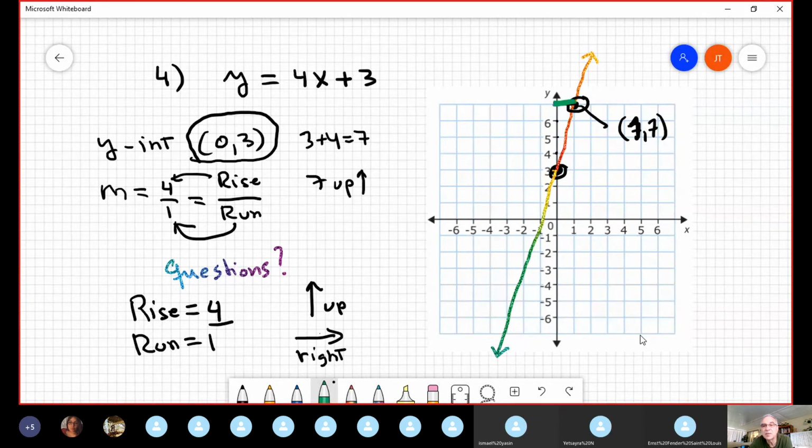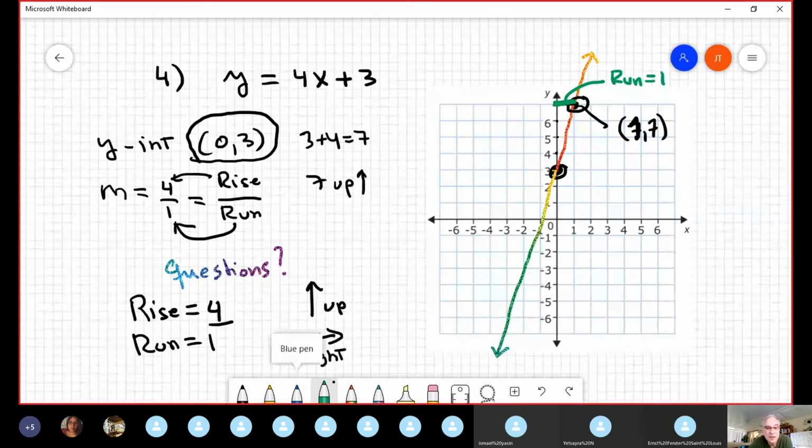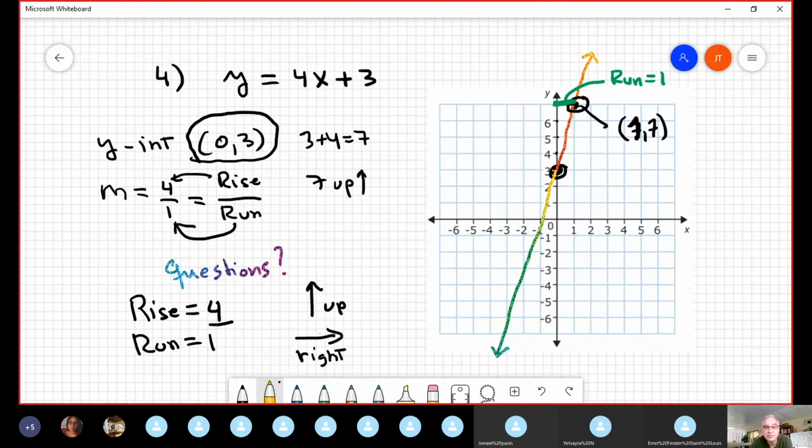This segment is run. In our example it is 1. This segment is yellow. It is rise. In our example it is 4. Rise, yellow, 4. Green, run, 1. And you determine the second point, get 1, 7.